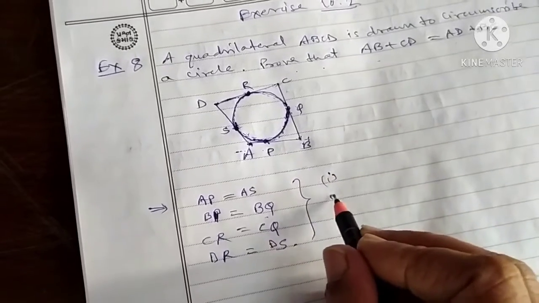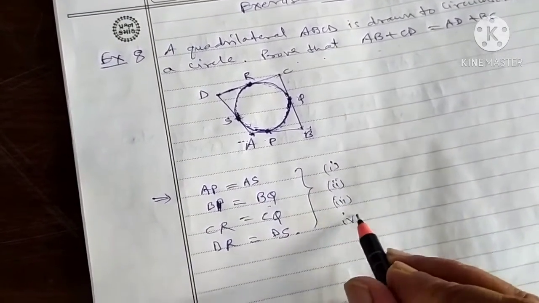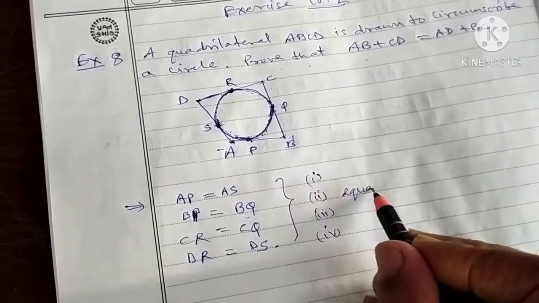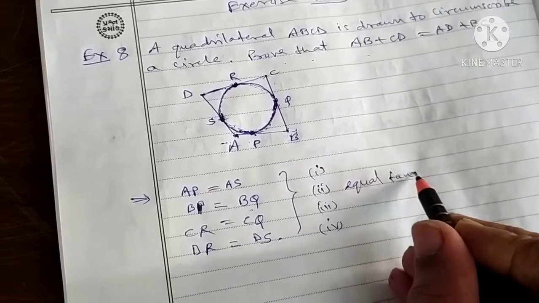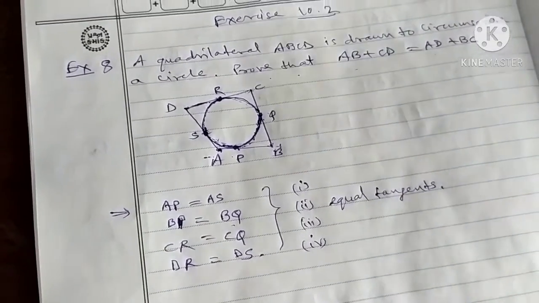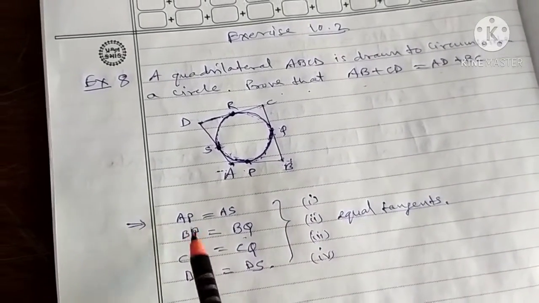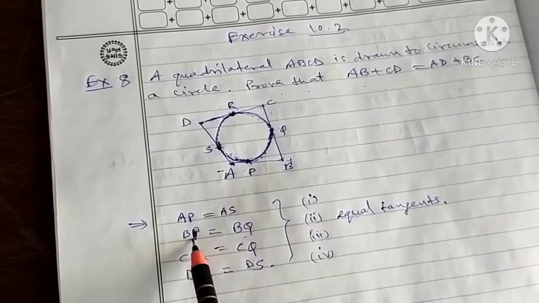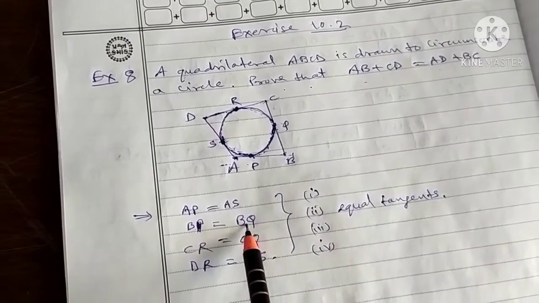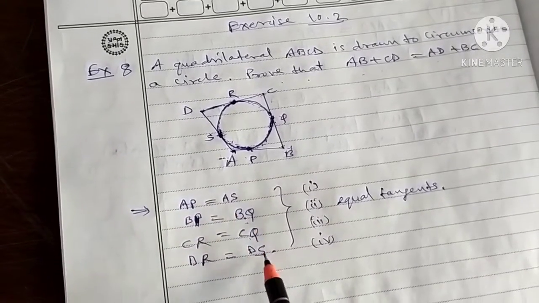Please now see, we got all these four: 1, 2, 3, 4. What is the support for all four? Equal tangents. Yes or no? Equal tangents. Now if I add this, AP plus BP is equal to AS plus BQ, yes or no? AP plus BP plus CR plus DR equals AS plus BQ plus CQ plus DS.